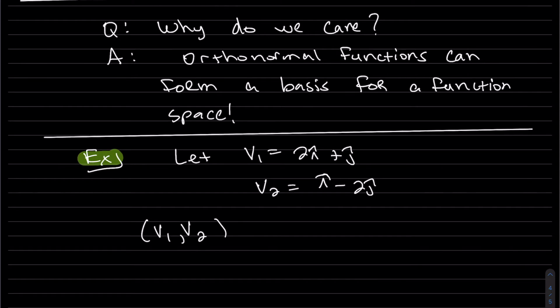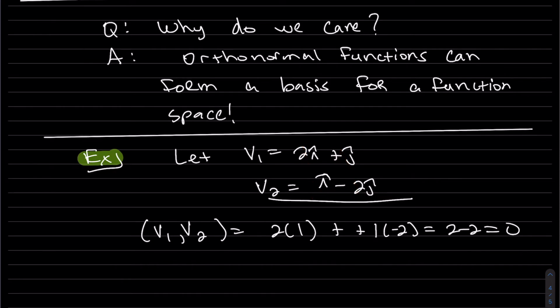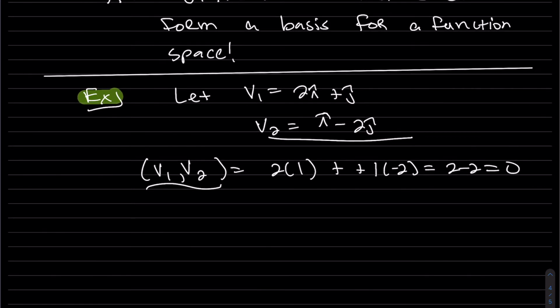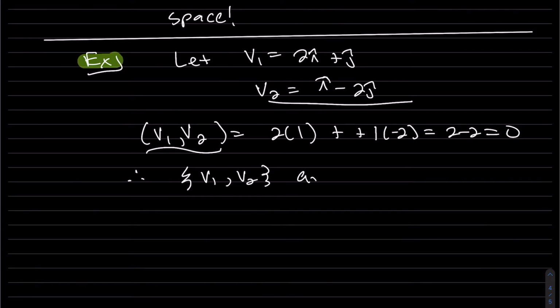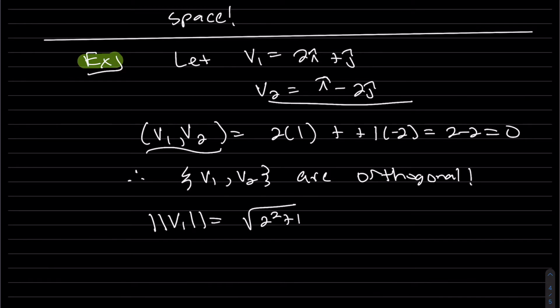Let's go ahead and take the inner product of those two vectors. It's 2 times 1 plus 1 times minus 2. So our inner product of these two vectors is 0. They're orthogonal. So now can we make an orthonormal set? Sure. We take the magnitude of V1, which is 2 squared plus 1 squared, square root of 5.